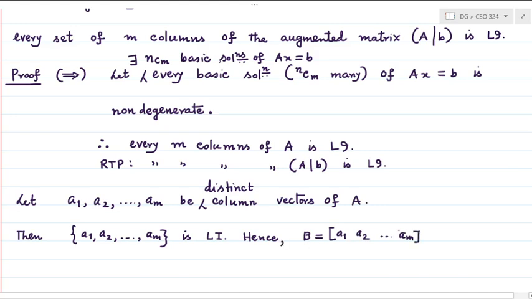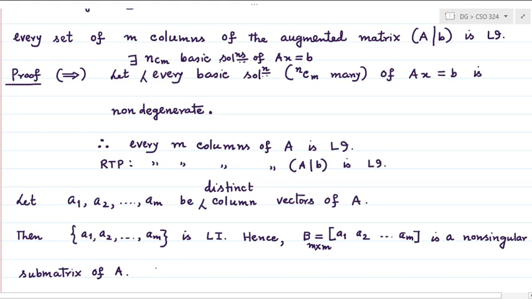This matrix is a non-singular m by m submatrix of the matrix A. Fine. Then corresponding to this capital B, you will have a basic feasible solution to the problem.